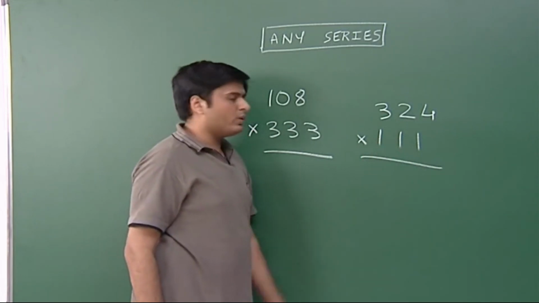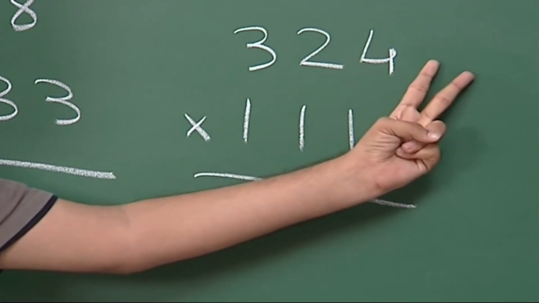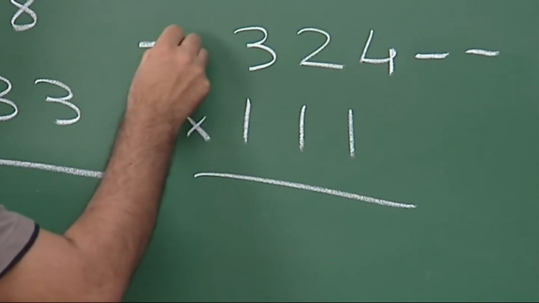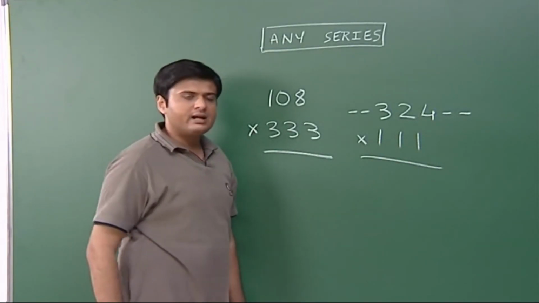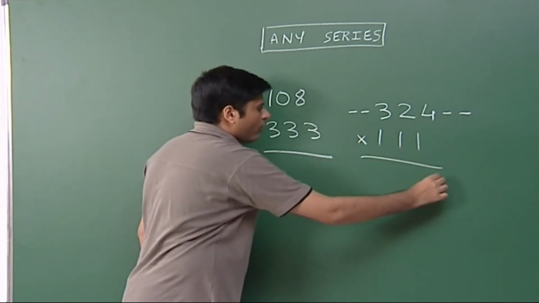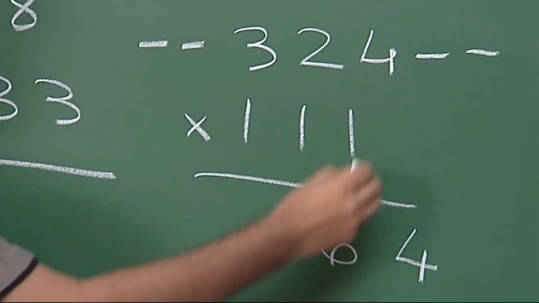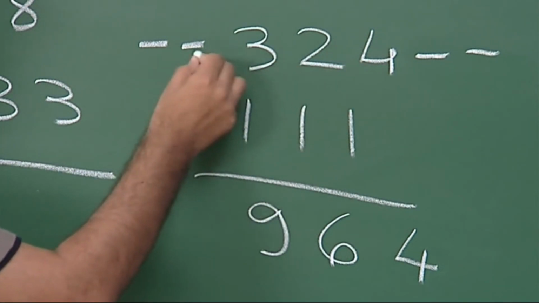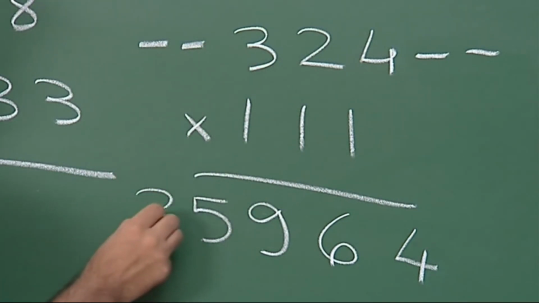There are 3 ones over here, so I open 3 fingers, 1 cut, 2 dashes behind, 2 dashes in the front. Now, because there are 3 ones, I will be adding 3 digits at a time. So let us check. Dash plus 4, 4, dash plus 4 plus 2 is 6, 4 plus 2 plus 3 is 9, 2 plus 3 plus dash is 5, 3 plus dash is 3.